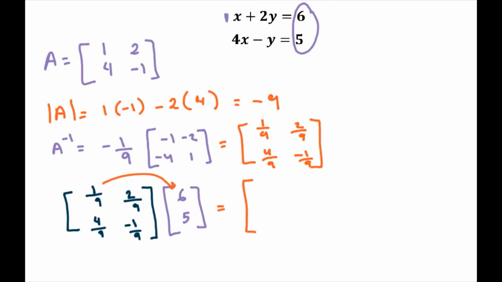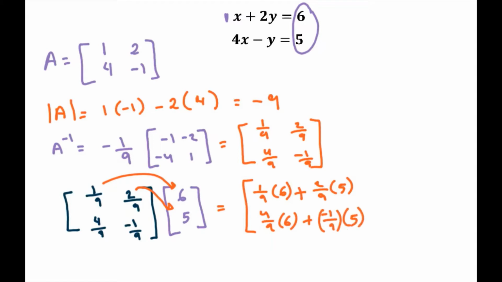So you multiply 1 over 9 times 6 plus 2 over 9 times 5. Same here, 4 over 9 times 6 plus negative 1 over 9 times 5. And the final answer will be 16 over 9 and 19 over 9.